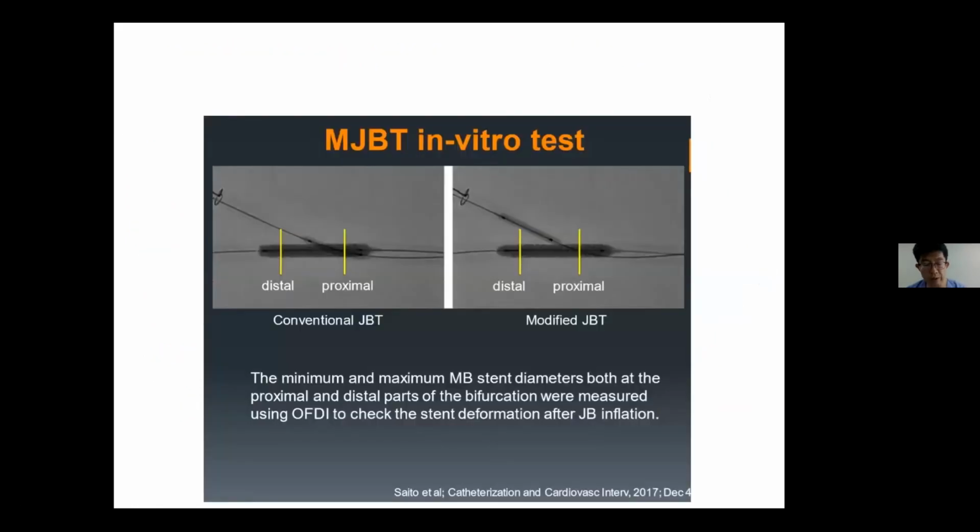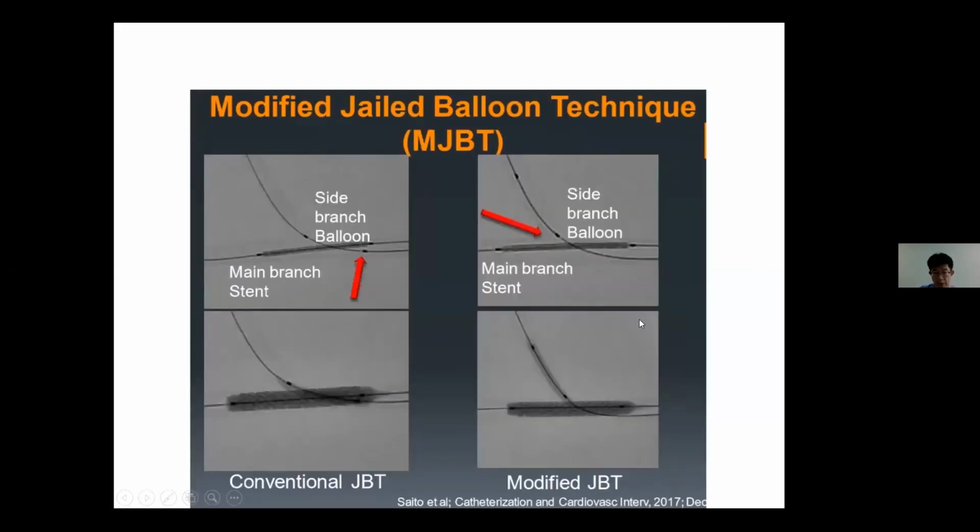And finally, recently, the modified jailed balloon technique. Usually, in the jailed balloon technique the balloon is positioned here, but in the modified technique it is positioned more distal to avoid main branch stenting disturbance, so the stent deformation on the proximal side is avoided.